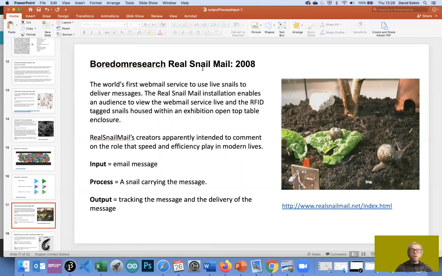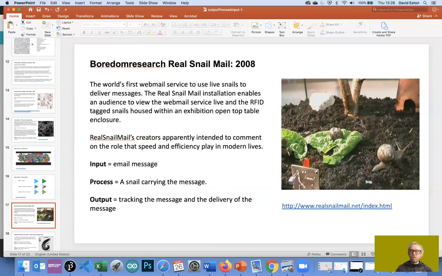And Real Snail Mail was a wonderful wee project whereby they, again, if you watch the video, you'll see that they attached little trackers to each of these snails. And what happened was that you could send a message in that would then be picked up by one of the snails.